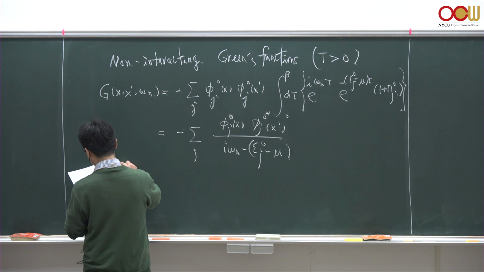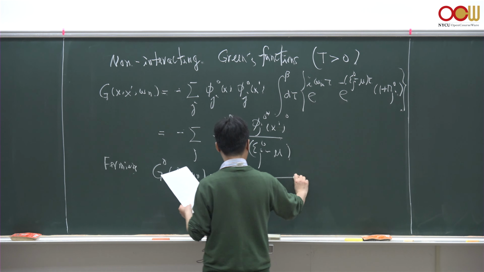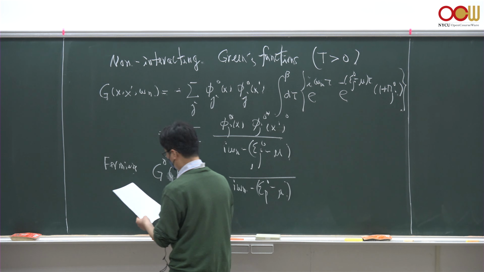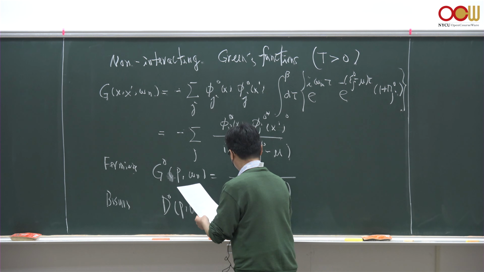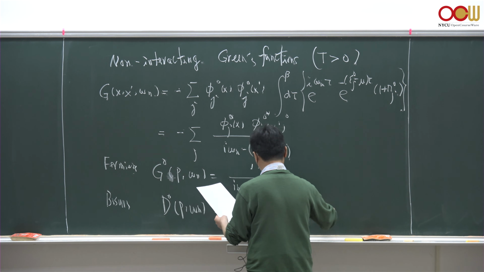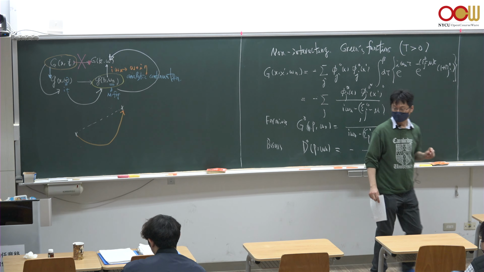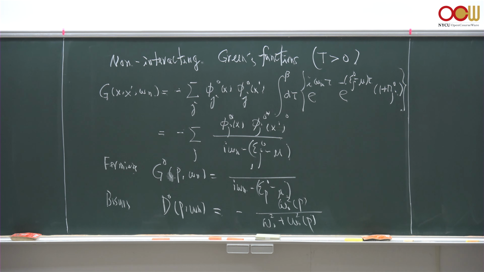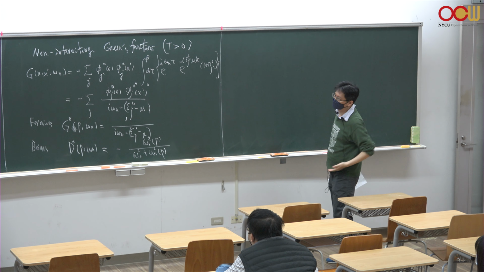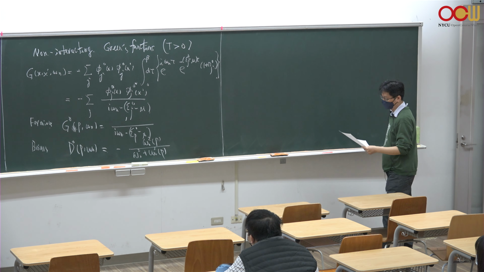So for fermions, we get this, and for bosons, we get this. Anyway, we will come back to this when we get there. So this is just a summary of this non-interacting Green's function at finite temperature. In other words, we are able to derive the non-interacting Green's function for fermions and bosons based on this Matsubara sum.